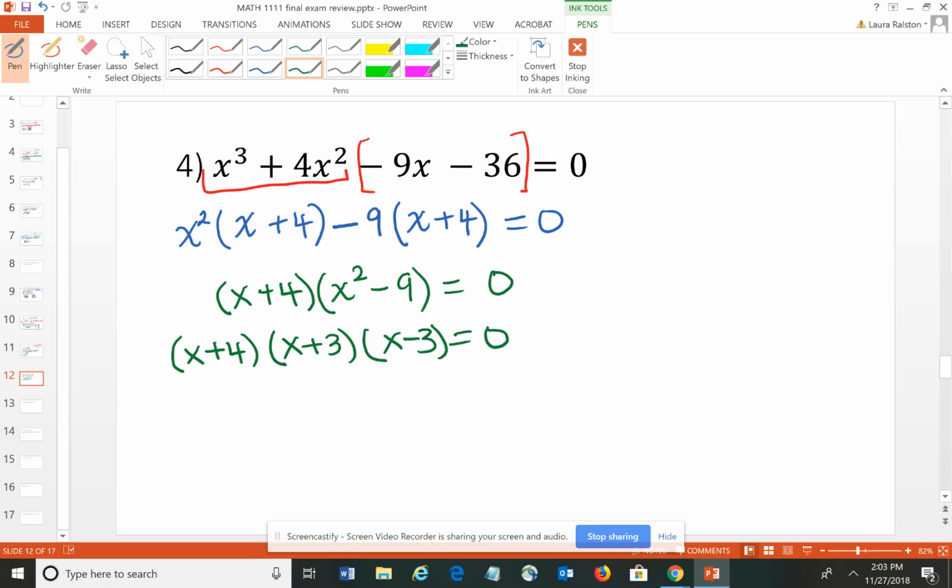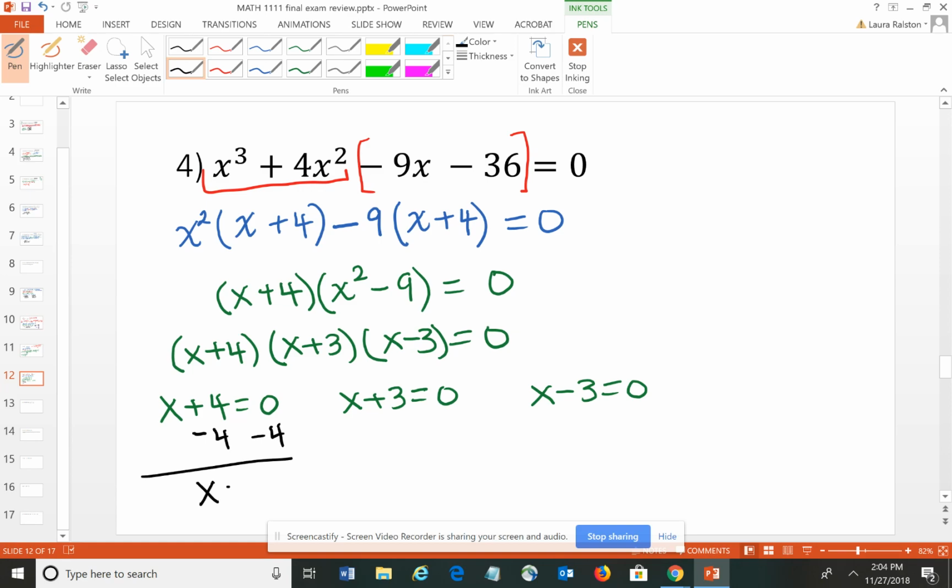One of those pieces, either x plus 4 has to be 0, or x plus 3 has to be 0, or x minus 3 has to be 0. One of the pieces has to equal 0. And so if I solve each of those respectively for x, subtract 4 from either side, I get x equals negative 4.